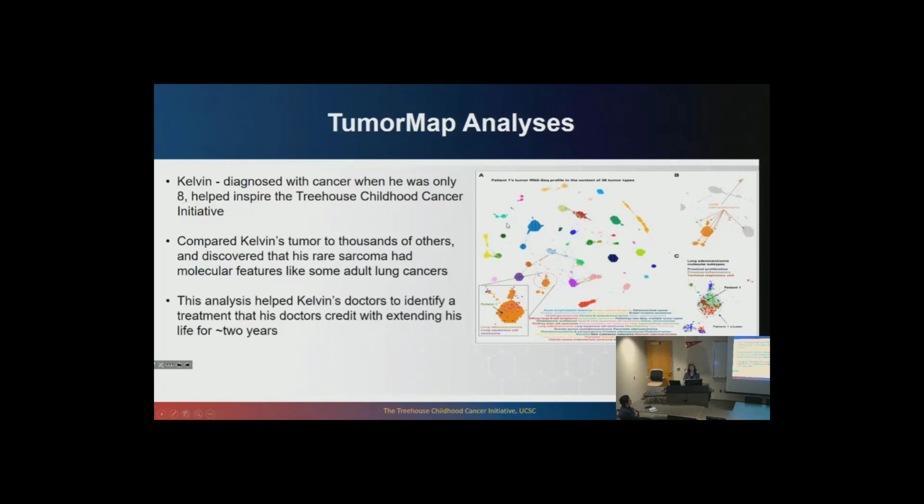This analysis helped his doctors to identify a treatment that they credit with extending his life about 2 years. So this was only a nominal success for this patient, but now this portal has over 11,000 tumor transcriptome data sets, and it's open to researchers and clinicians worldwide, and likely helping other patients.